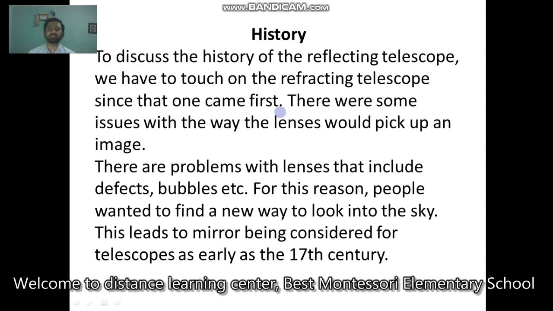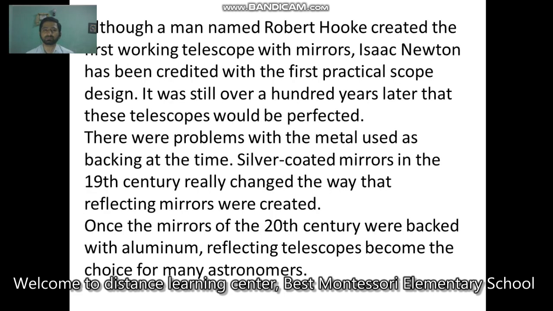Telescopes with a mirror were first used in the 17th century. The first man who worked with mirrors in telescopes was Robert Hooke, but Sir Isaac Newton has been credited with the first practical scope design.